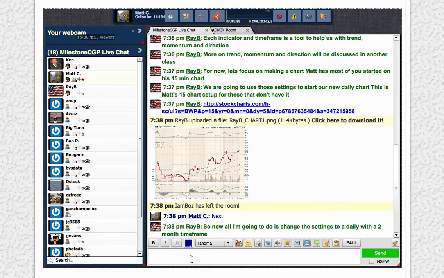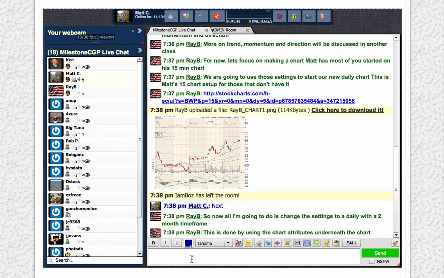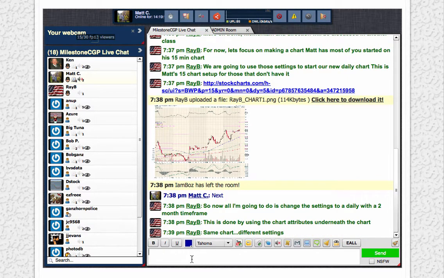So this next chart that's going to be put up will be a 2-month time frame set as a daily. Okay, so we're not on the 15-minute anymore. It is the same chart, but we're going to give it a daily with a 2-month period time frame. Okay, and this is easily done by using the attributes underneath the chart on stock charts.